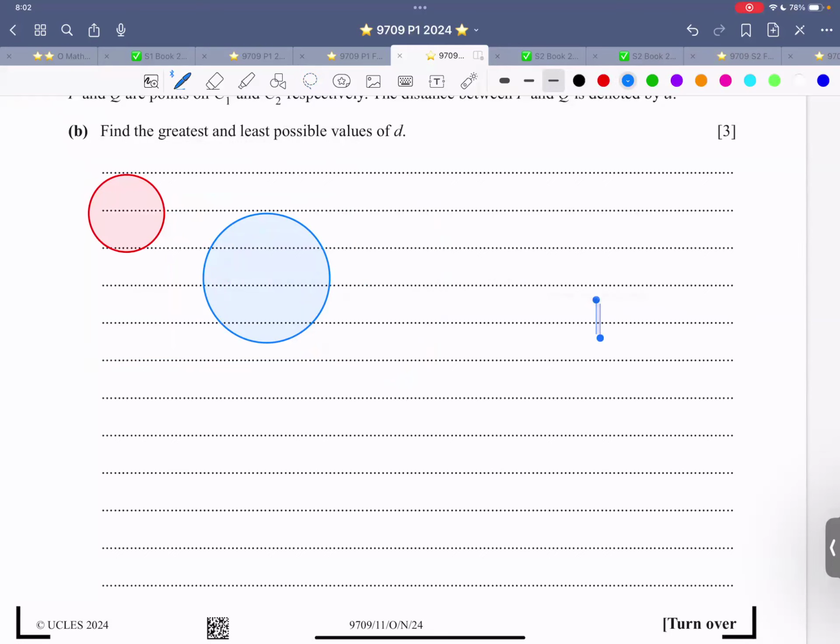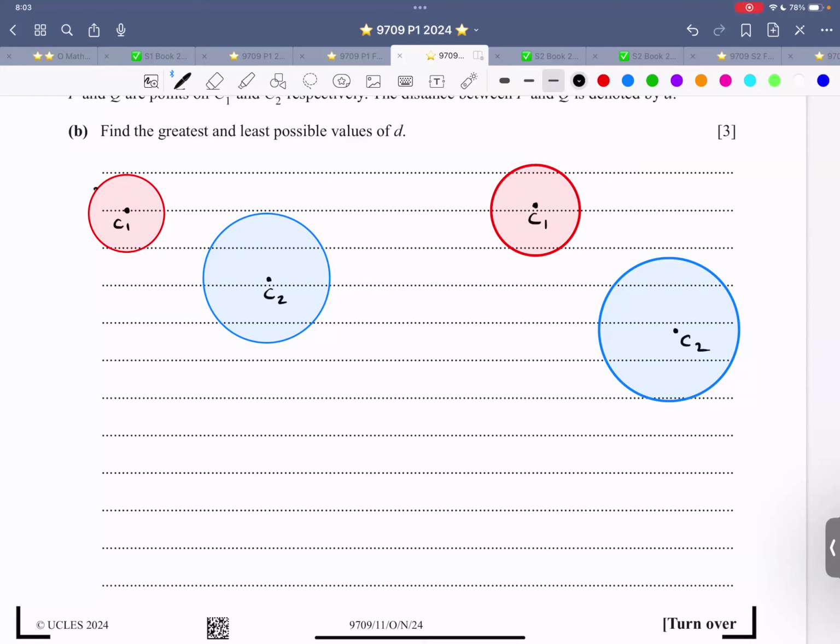So just for the idea. So therefore, another one like this. And a small one like this. Okay, now to give you that idea, this is center C1. This is center C2. The greatest and least possible value.